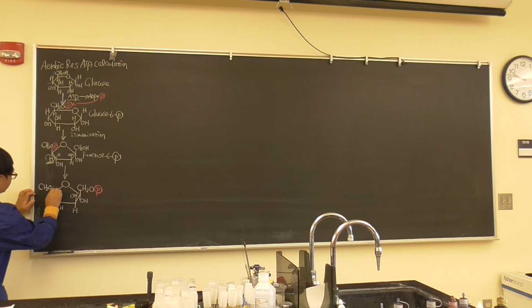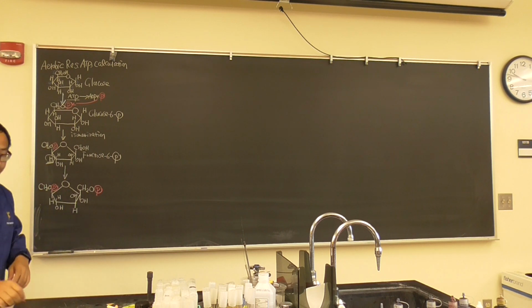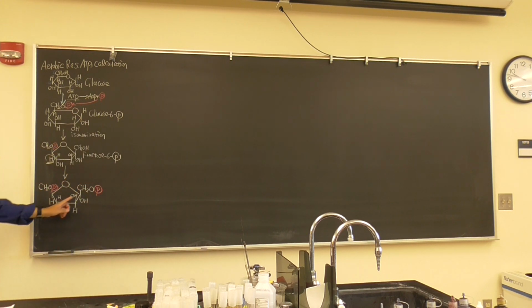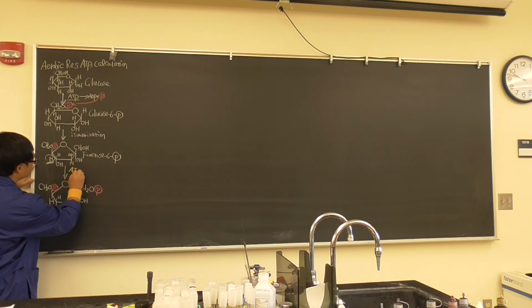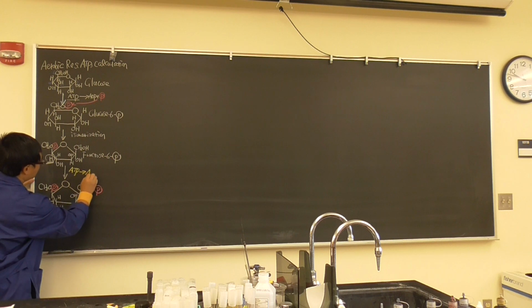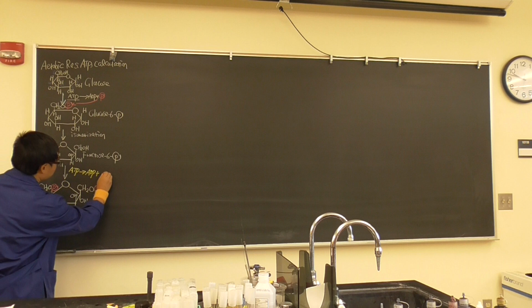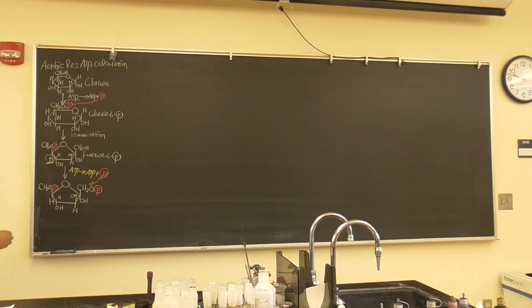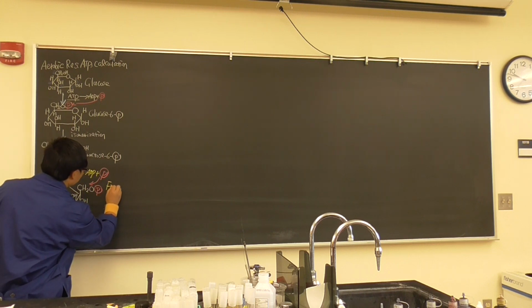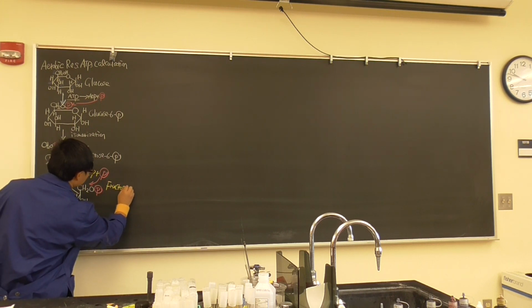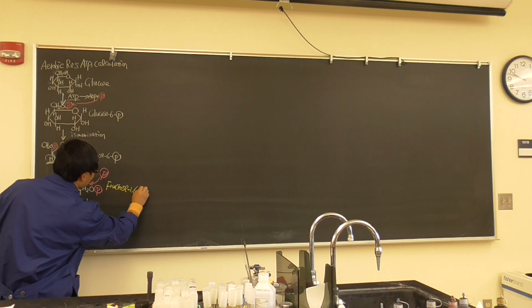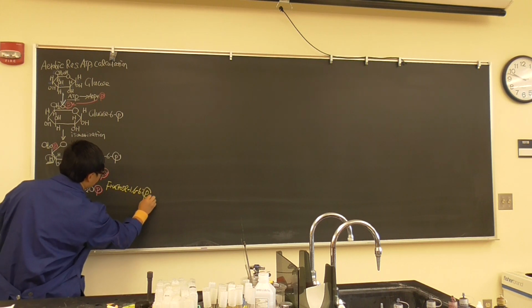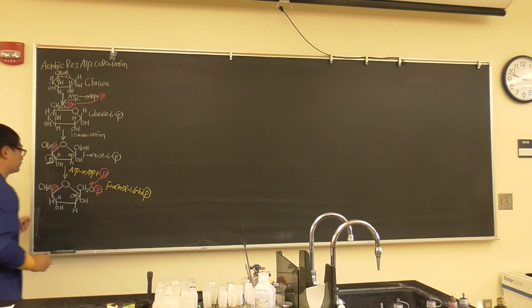This is a phosphate right here. Now, since you have another phosphate there, where does this come from? Again, ATP is hydrolyzed to become ADP and phosphate. So this phosphate is added up here. This name we call fructose 1,6-biphosphate. When you see bi, it means there are two phosphates.